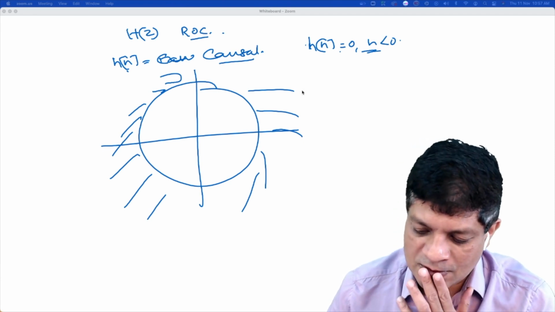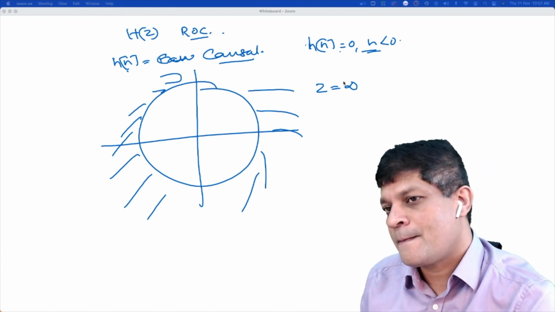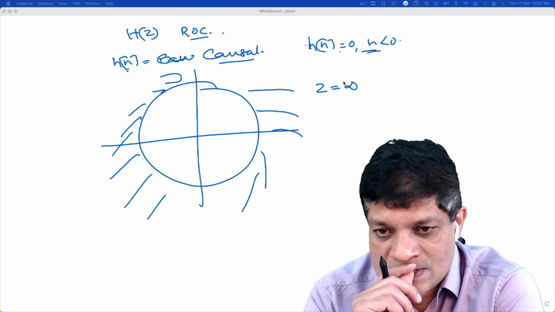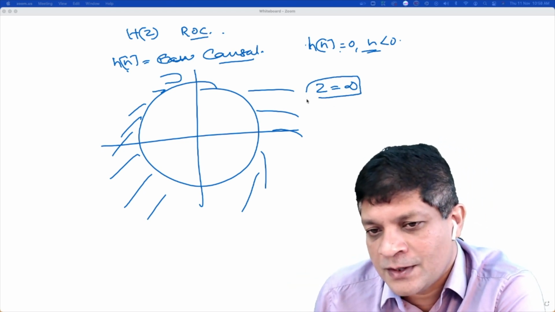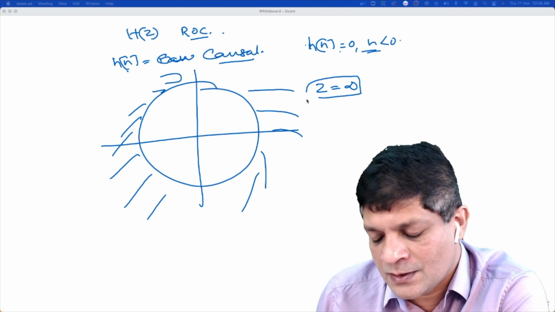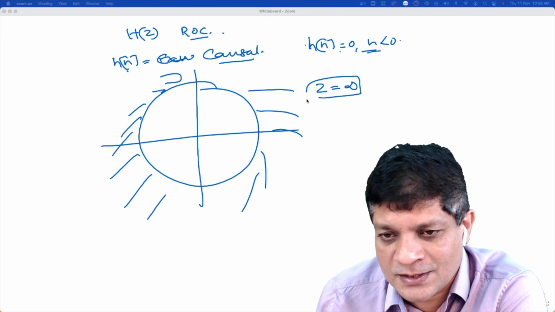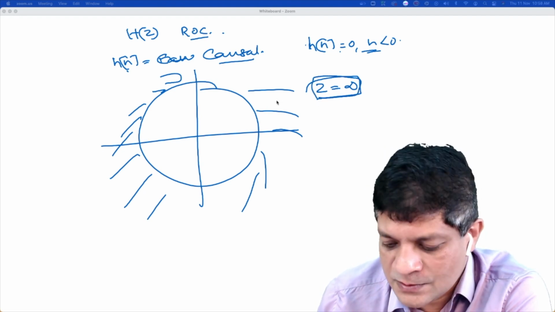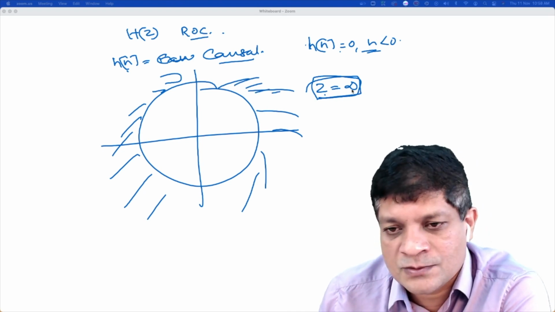If it is causal, z equals infinity will be in the ROC. So in this case we can differentiate between a causal system and a right-sided signal using this point. So the ROC is outside a circle, and z equals infinity is also in the ROC.